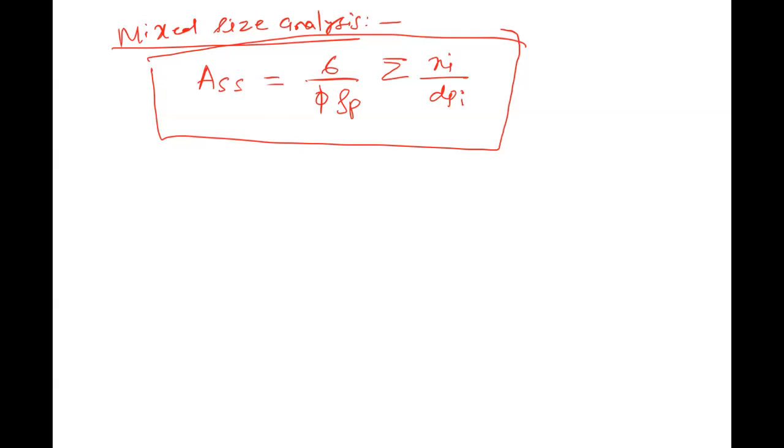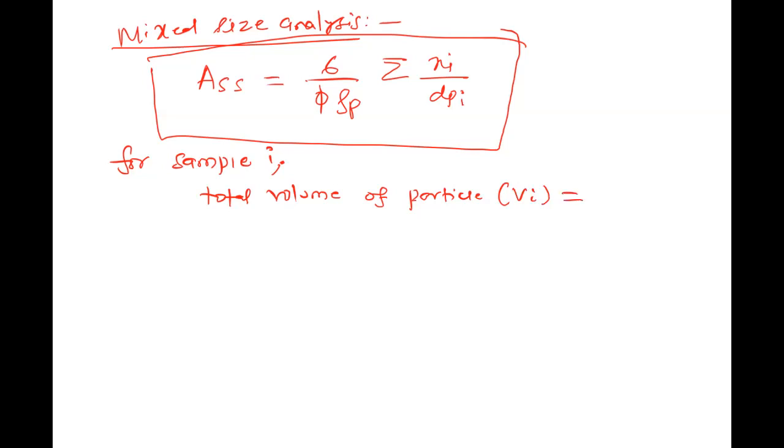So let us consider a sample I. The total volume of particles is represented as Vi equal to Mi by rho pi.